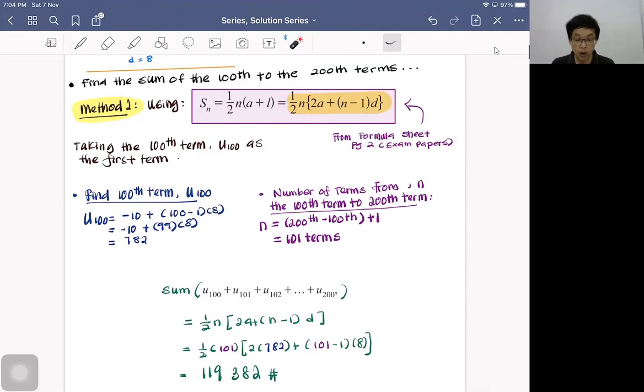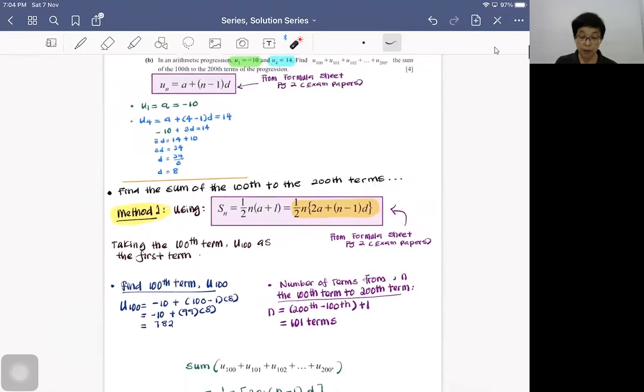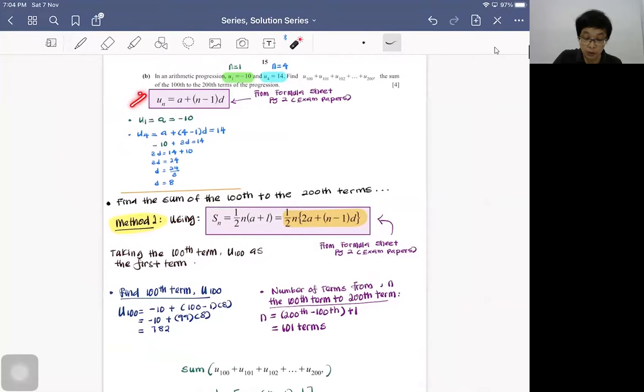Again, we consider the 100th term as the first term. So now we're going to use the 100th term. We're going to find it and substitute it into that A in the formula. To find the 100th term, we use the nth term formula, the one that we have been using familiarly.